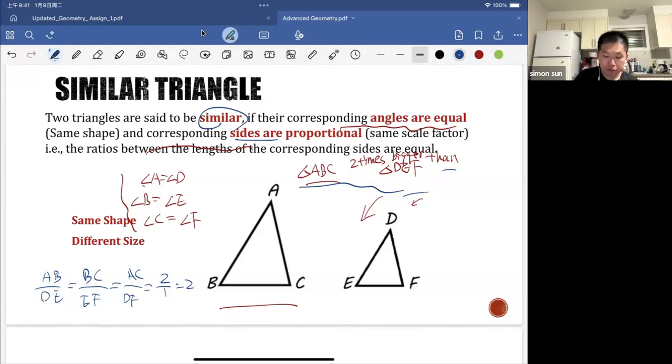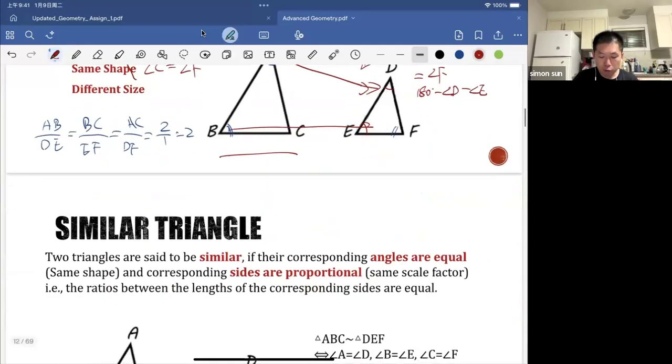Because if the degree of angle A is given, and the degree of angle B is given, and we want to calculate angle F, then if we know those two triangles are similar, angle D is equal to angle A and angle E is equal to angle B. Now we have the three angles in one triangle, and we can use 180 degrees minus angle D minus angle E to solve for angle F. So based on the given information, we can solve questions.